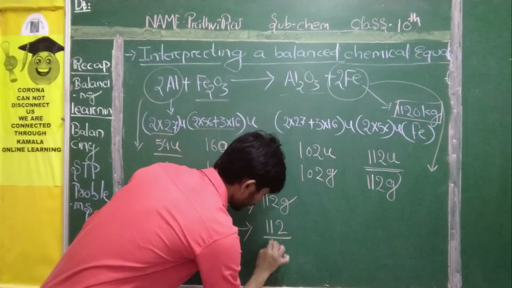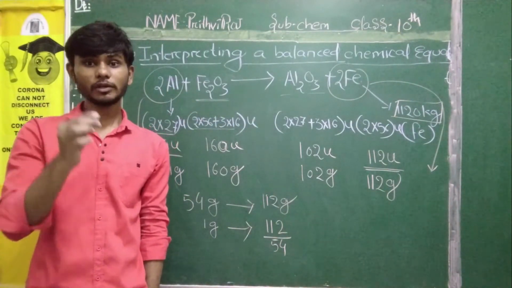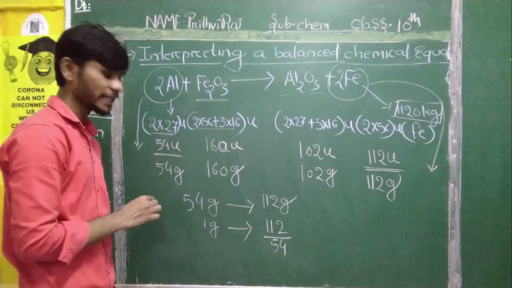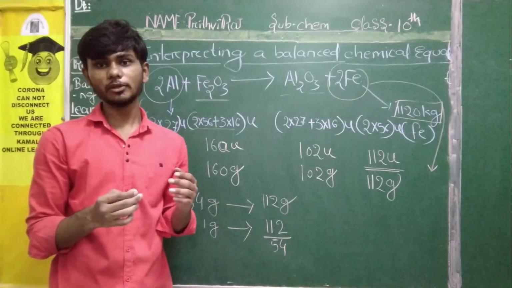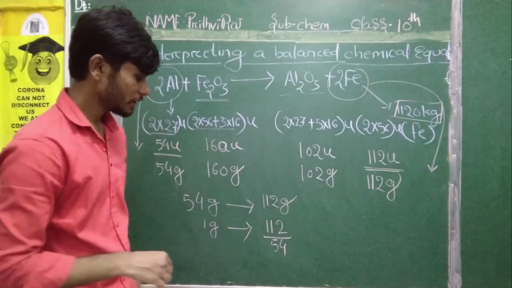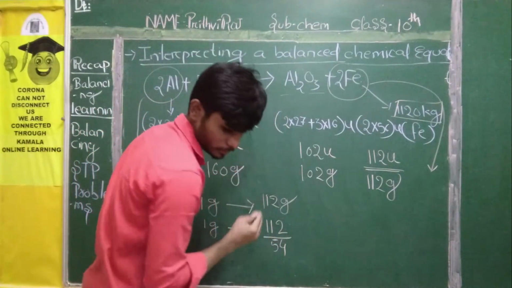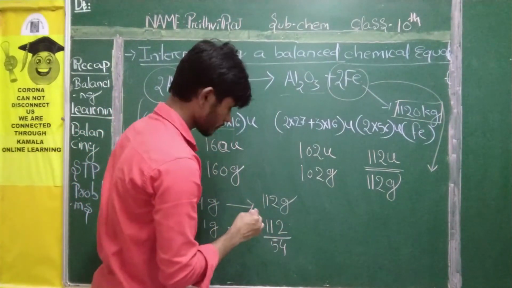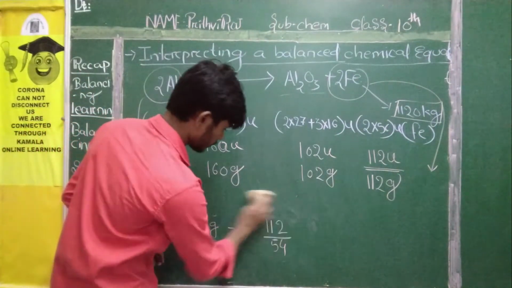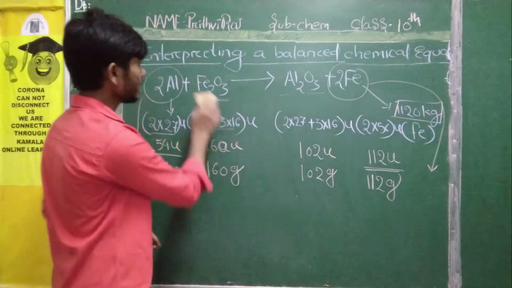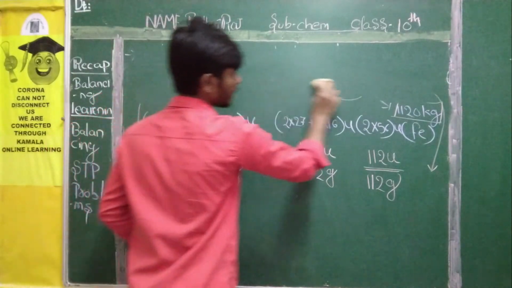112 by 54. But how much do we need? We need 1120 kg. To get that, we need to convert kg into grams.